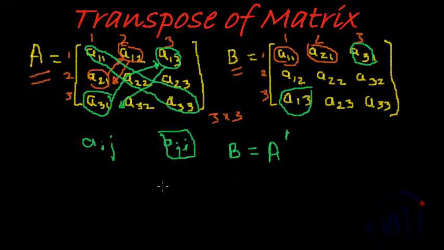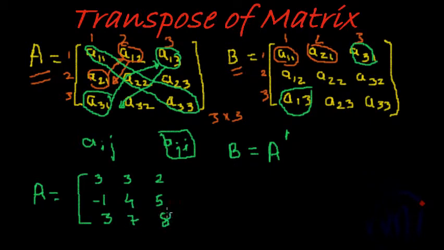Now let's take a numerical example and understand how to do an A transpose. Suppose A is equal to, let's just take any 3 cross 3 or 4 cross 4 matrix. Let's take a matrix of 3, 3, 2, minus 1, 4, 5, 3, 7 and 8.